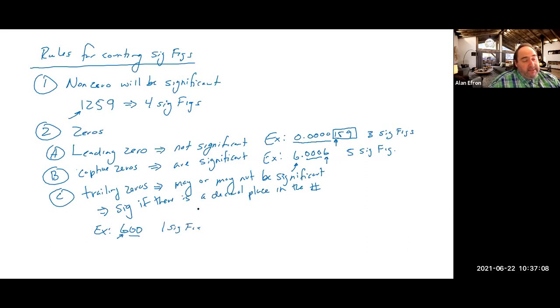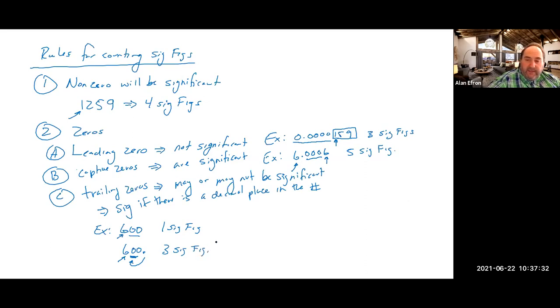What that means is this number could be as big as 700 or as small as 500, as opposed to if you wrote the 600 with a decimal point there. Now these zeros that come at the end are significant because there's a decimal point there, and this would be 3 significant figures.